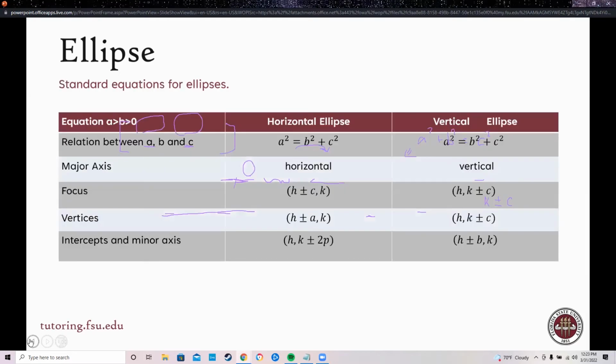Now for the vertices, if I remind myself over here, it's also (h, k plus or minus c). It doesn't seem right. I think this is actually supposed to be a. So finding the vertices would be a similar process.